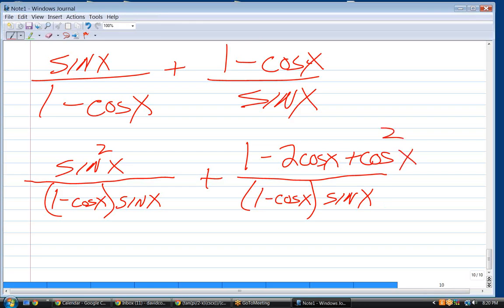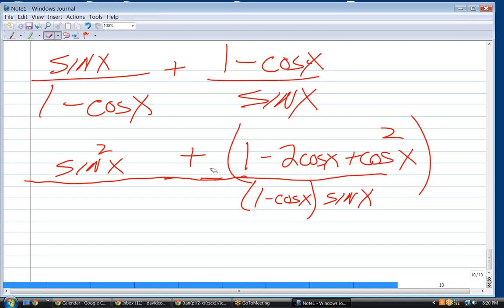Okay. Now, because we have a common denominator, I can turn it into one fraction. Now I'm going to combine the sine squared x and this cosine squared x here and replace it with 1.